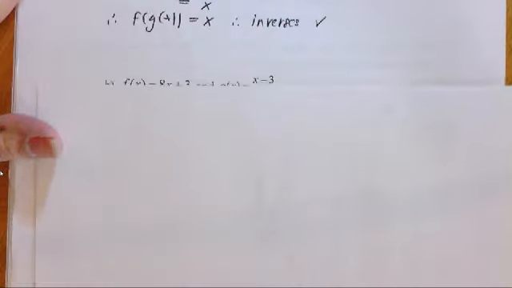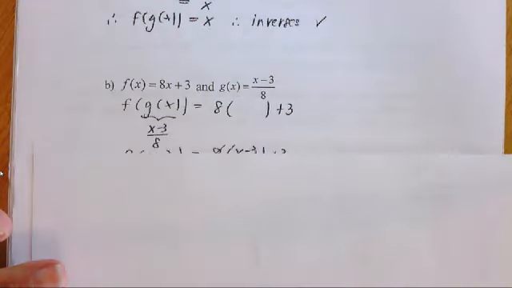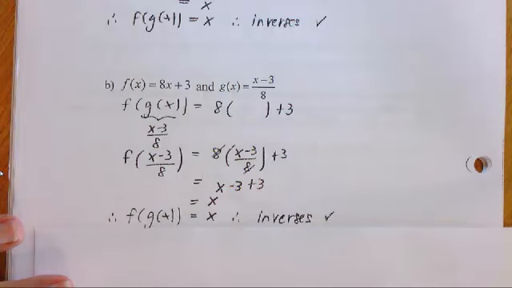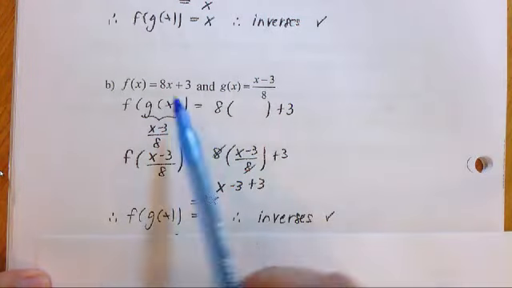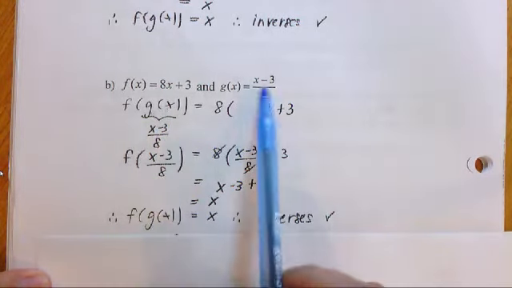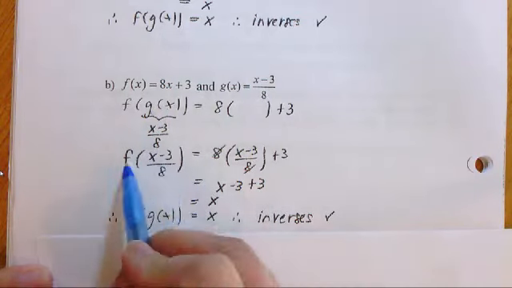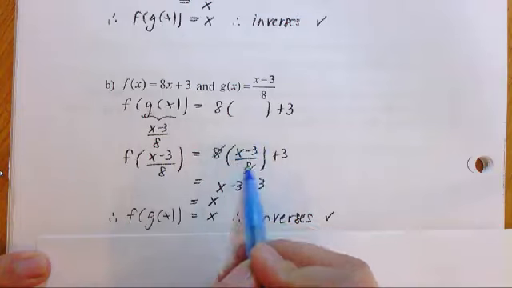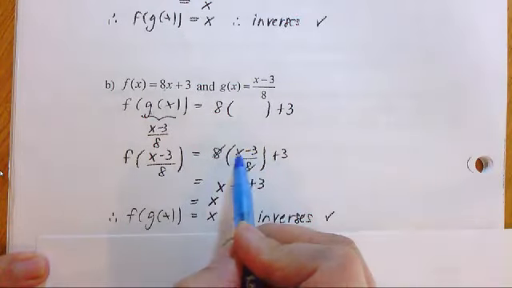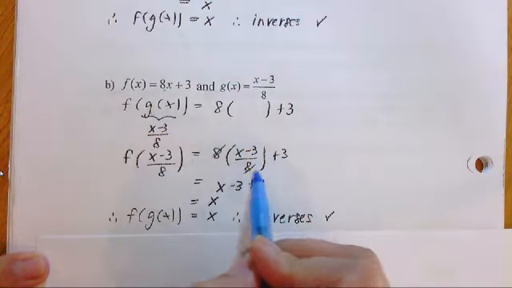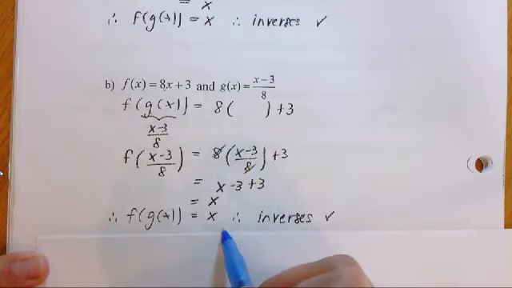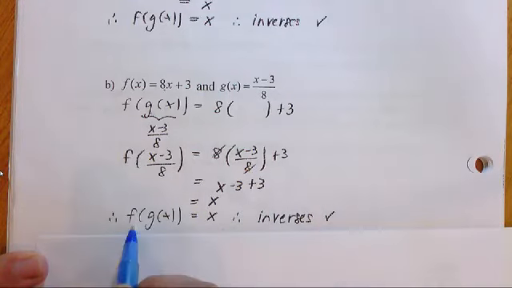Now the second one: our g of x, which is here, goes in this place. Wherever our x was in our f of x, that's where we have our g of x. Then we simplify that and we end up with f of g of x equal to x.